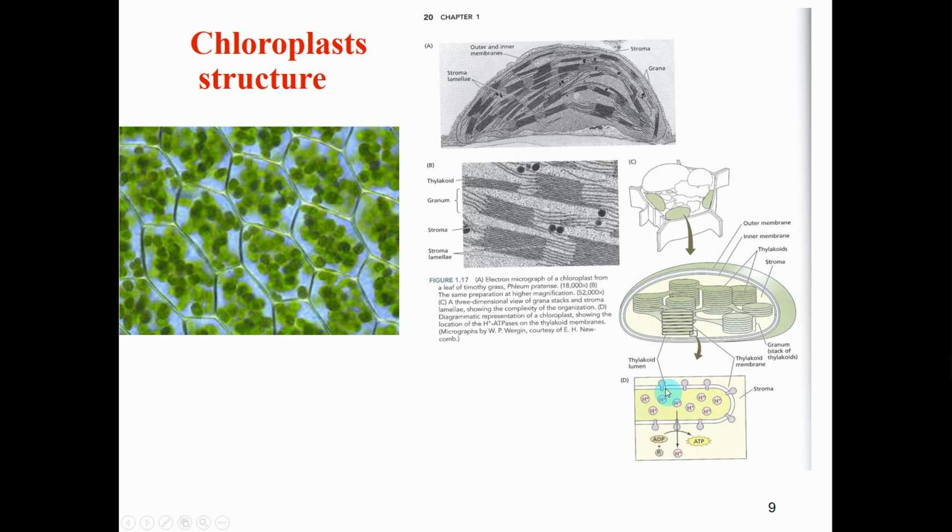That is where our light reactions are going to occur. On the thylakoid membrane, in between the stroma and the lumen, is where the light reactions occur. And it is in the stroma where the Calvin cycle happens.